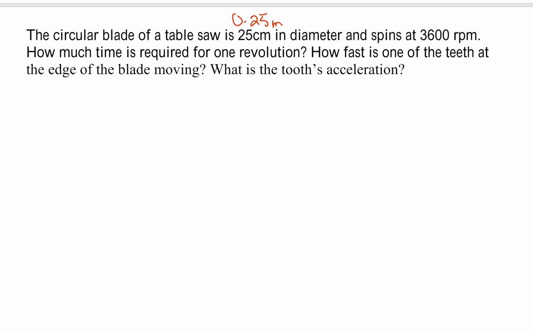That's pretty straightforward. And then I have a frequency given, spins at 3,600 revolutions per minute. So that is a frequency. So F equals 3,600 rev over minute. Now I want to convert that to seconds.